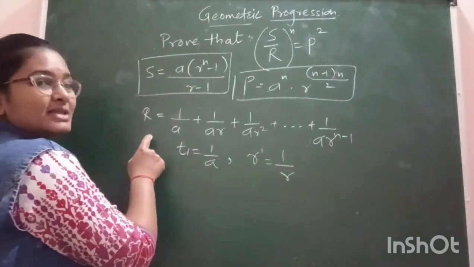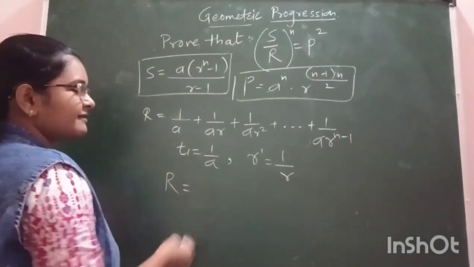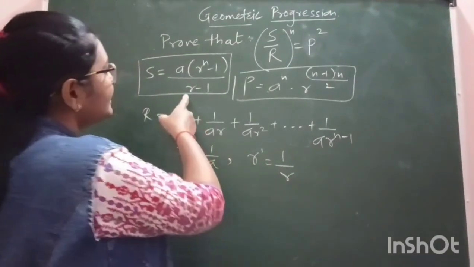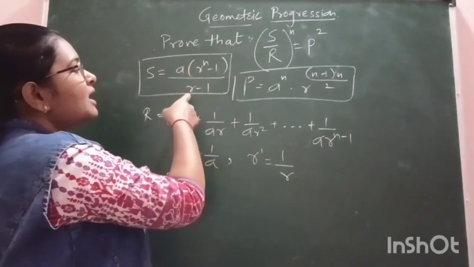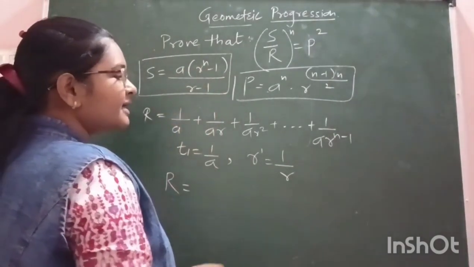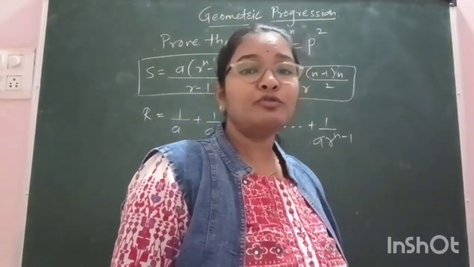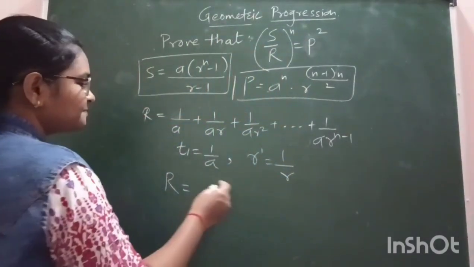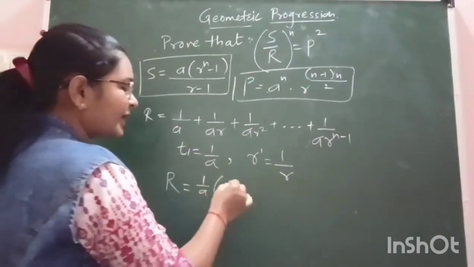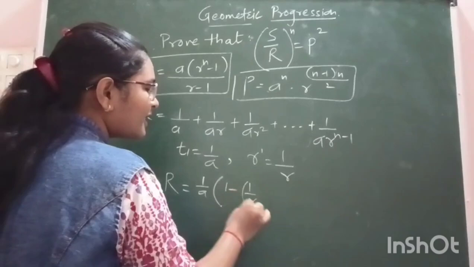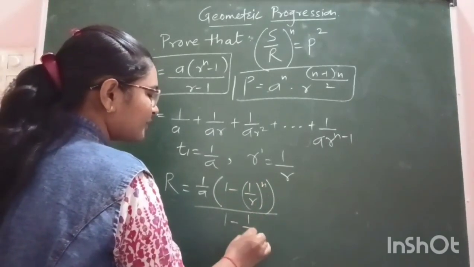Sn means for this geometric progression, we have R equals first term. What is the formula here? We can see the formula, first term into common ratio to the n minus 1 upon r minus 1. But here 1 upon r is strictly less than 1. So we are going to use the formula, first term 1 upon a into 1 minus 1 upon r to the power n, bracket closed, upon 1 minus 1 upon r.